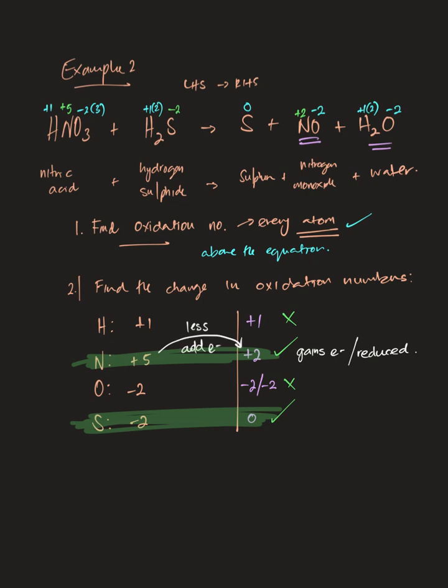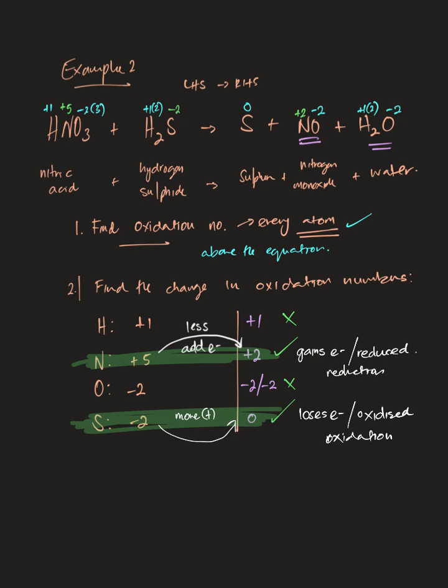The sulfur went from -2 to 0. So it's becoming more positive, and when it's becoming more positive, we know that it loses electrons. And that means it was oxidized. So here I've got reduction, and down here I've got oxidation. So that is how we find out what is going on.